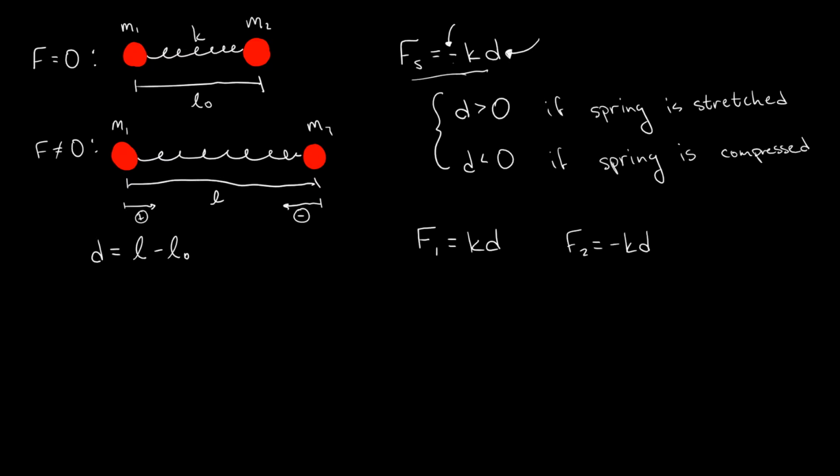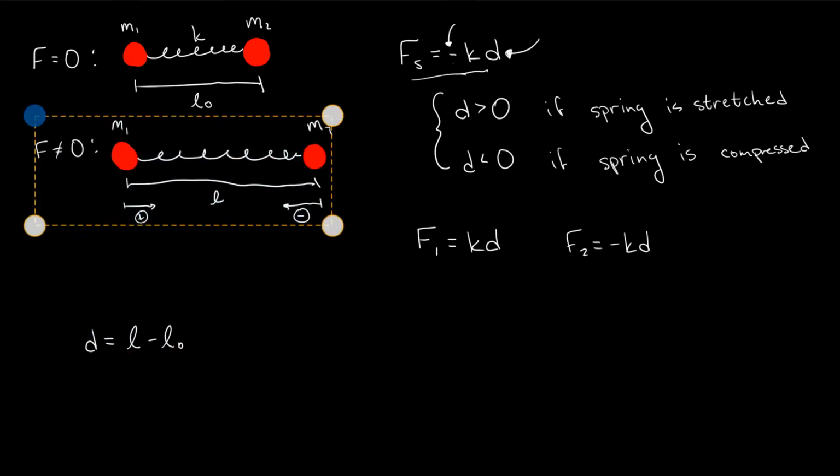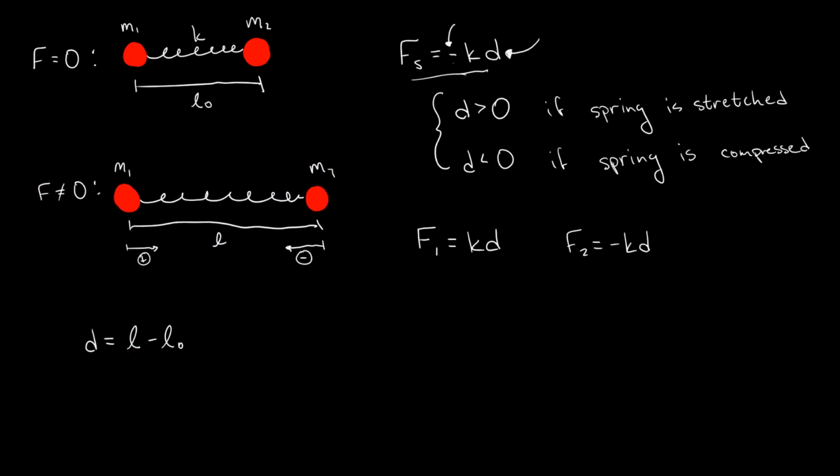Okay, so now what I want to do is give myself a little bit more space by moving things around a bit. I'm going to erase some of this stuff. Okay, so now I'm going to call the position of this guy here the absolute position.